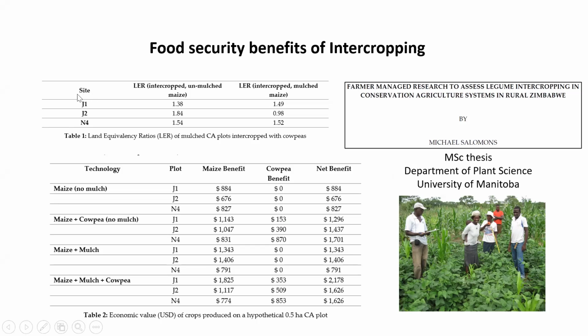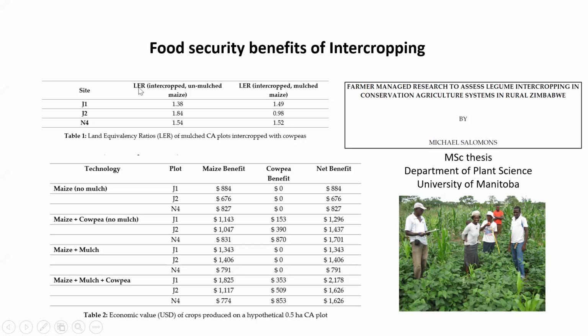And so what we had, I'll explain this. There were 3 locations in western and southern Zimbabwe where maize was either intercropped with cowpea or grown in monoculture. And then the other treatment was that there was mulching, which means putting crop residue on the surface to conserve water. And these 2 systems were tested at these locations over a number of years.